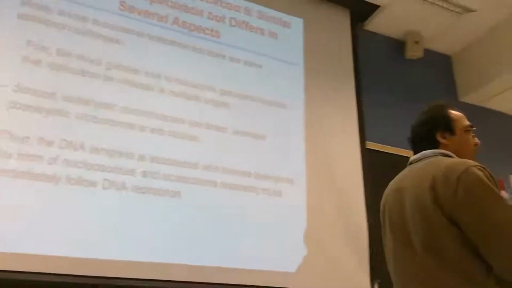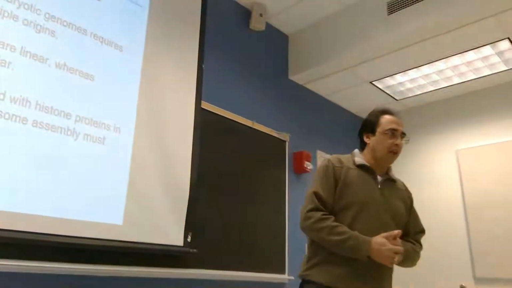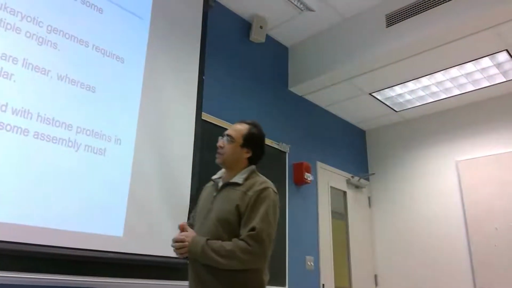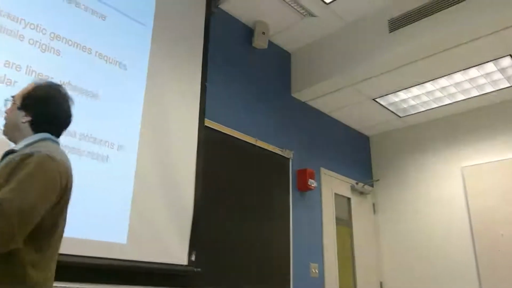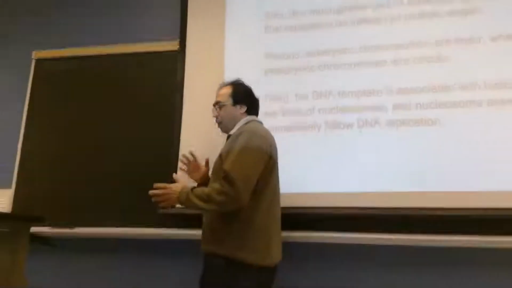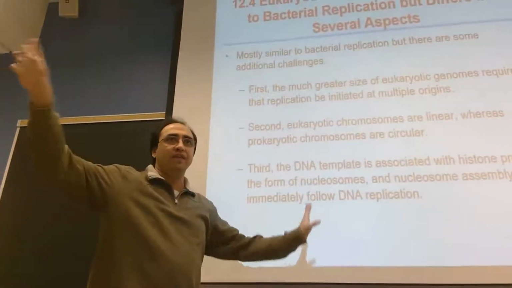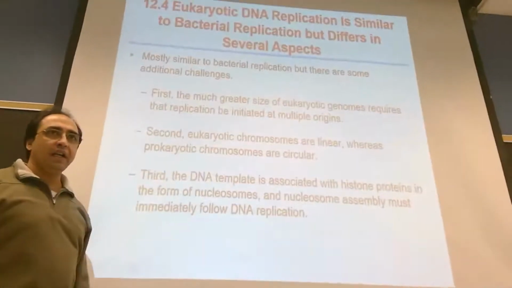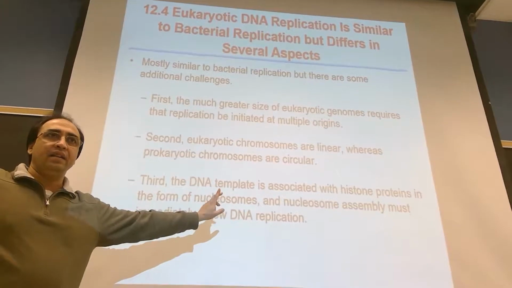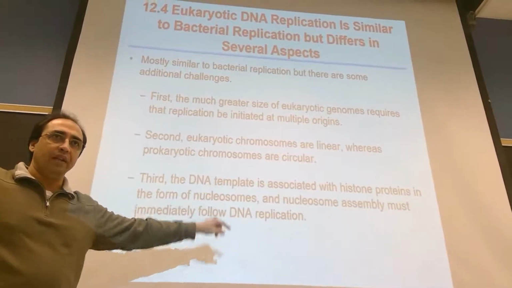That's why there are a lot of origins, not a single origin. Prokaryotic DNA is circular, so starting from one point, they go to the end, that's fine. But in case of eukaryotic DNA, there are two ends, and there is some kind of problem there.